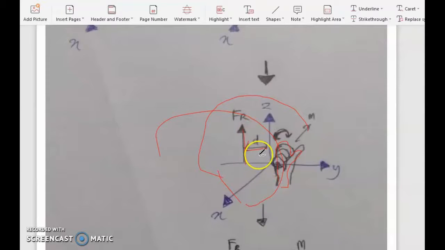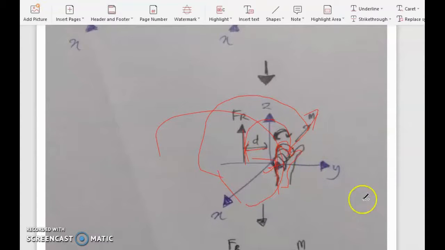The force and the line of action here produce the rotation in this way, so based on your right hand rule, when the rotation is this way, your moment will be in this way, following your thumb's direction.